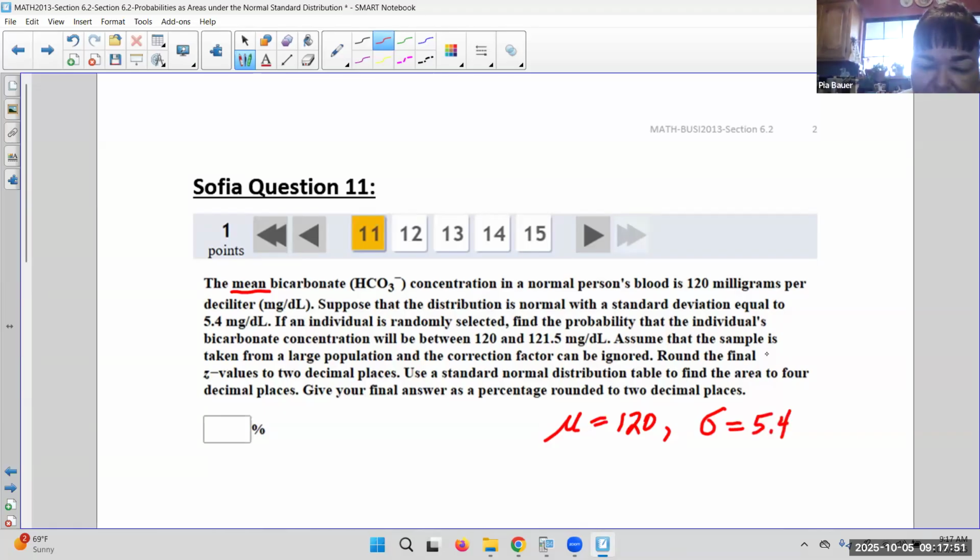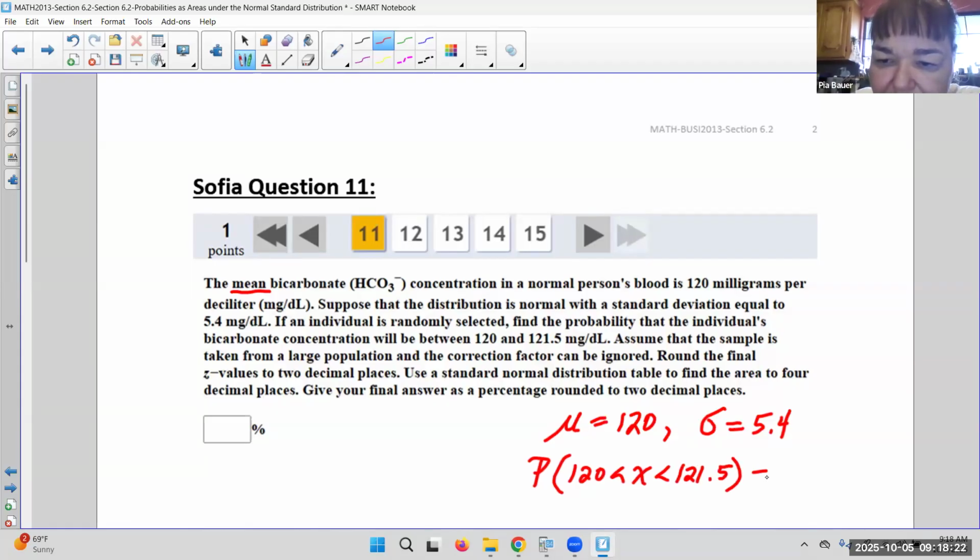Now here's the question. If an individual is randomly selected, that means you're looking at an X value. Find the probability that the individual's bicarbonate concentration will be between 120 and 121.5. So we are looking for the probability that X is between 120 and 121.5.